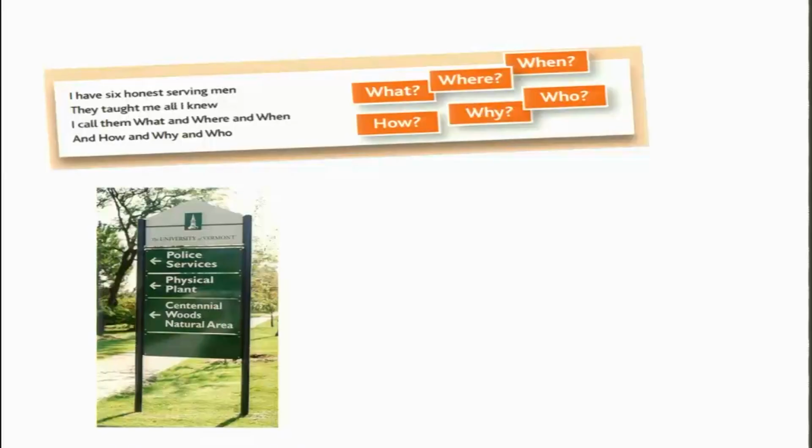So let's revisit the six honest serving men who could help me in finding ideas. From where do you get ideas? Why, what, where, when, how, and so on. You can see it everywhere. For example, you go to your university or institute campus, which is spread out with so many buildings. You want to meet a particular faculty in a particular department.